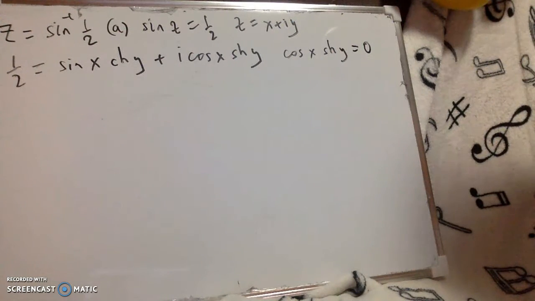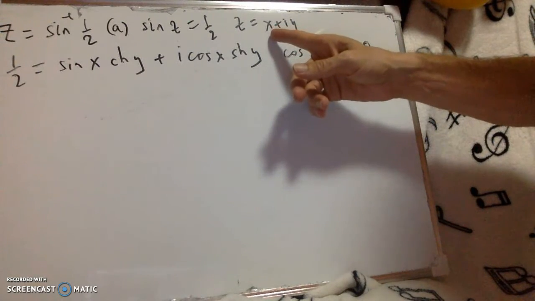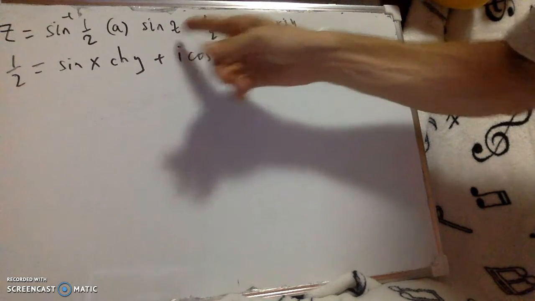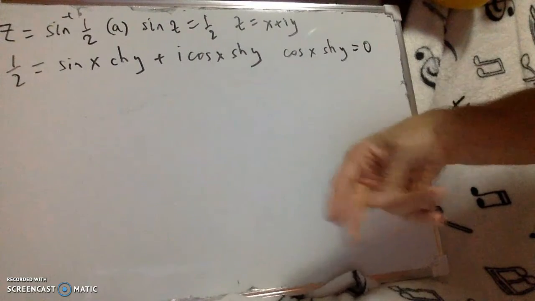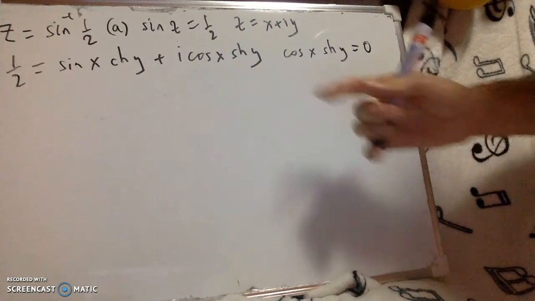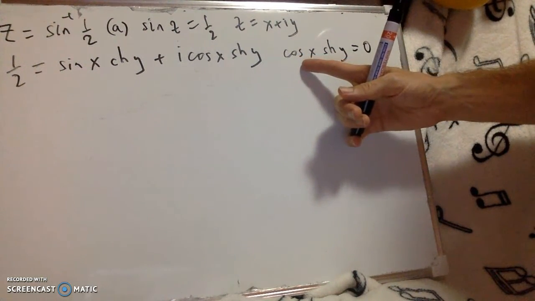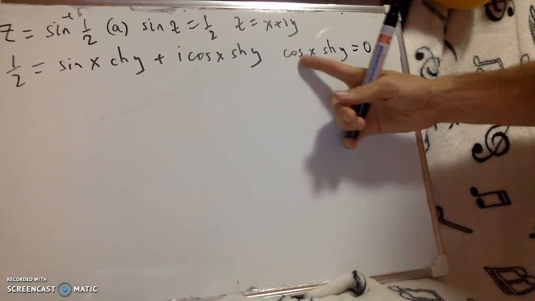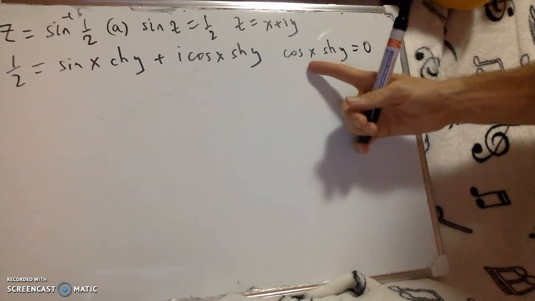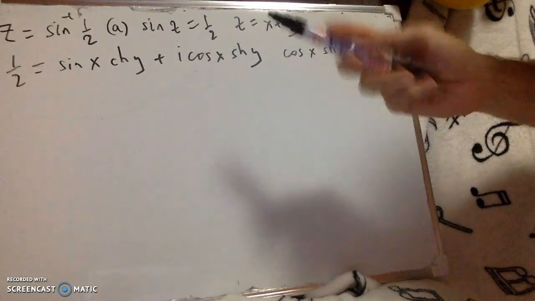So we sort of know that we expect to get a real answer to this because sine z equals a half. Well, we know what the answer is, but just to be absolutely sure, and as an exercise, let's see what happens if we choose to make cos x 0.